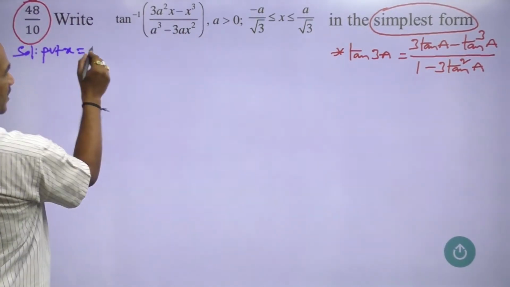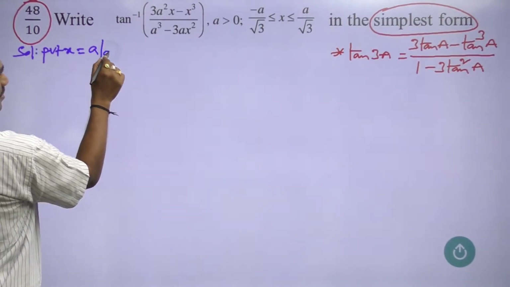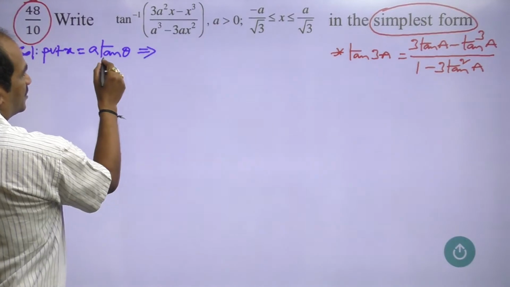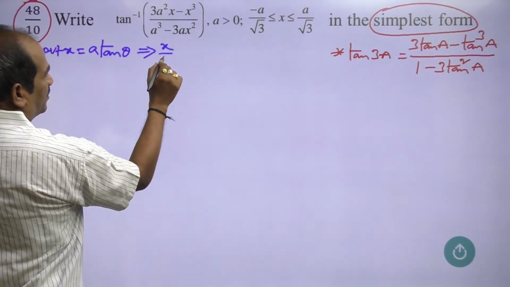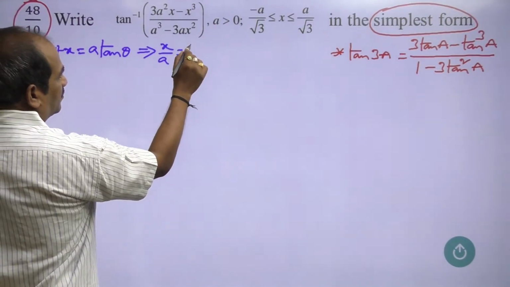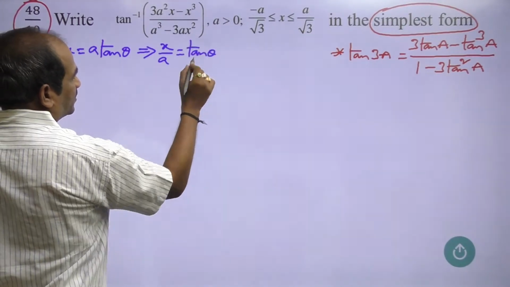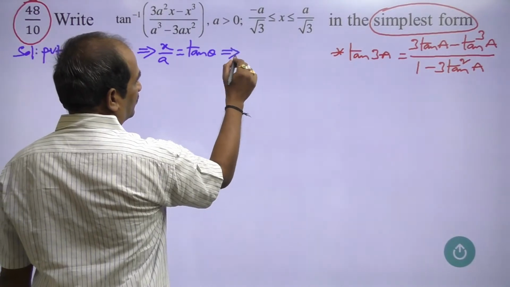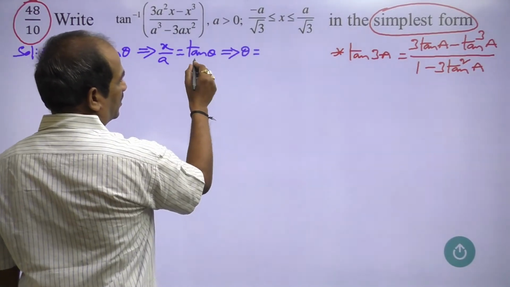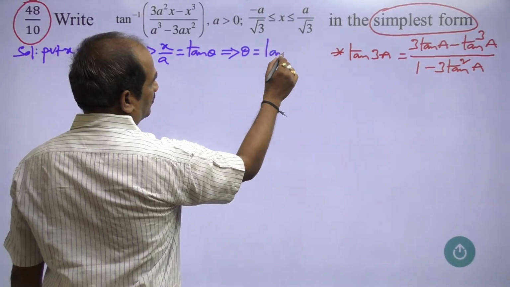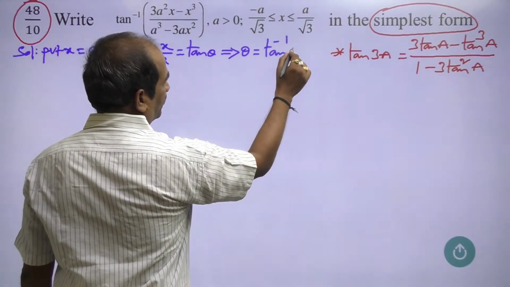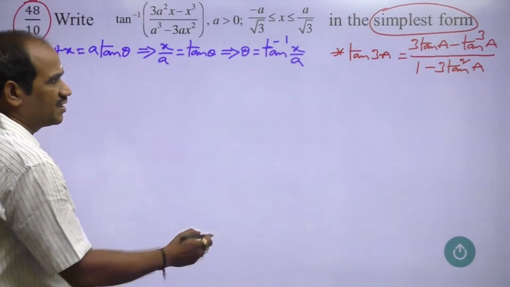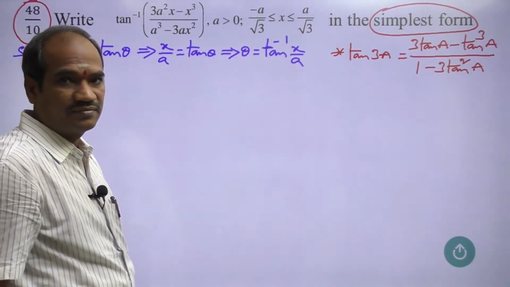Then x by a is equal to tan theta, so theta is equal to tan inverse of x by a. This is the theta value.